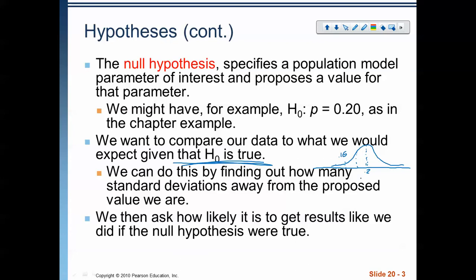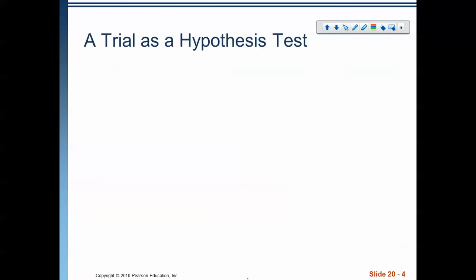If it's a really unlikely occurrence that 0.16 would happen if this were true, then we determine the results of our hypothesis. We either reject the hypothesis or we fail to reject the hypothesis. Again, we'll talk about that in more detail as we do some examples later in the video.